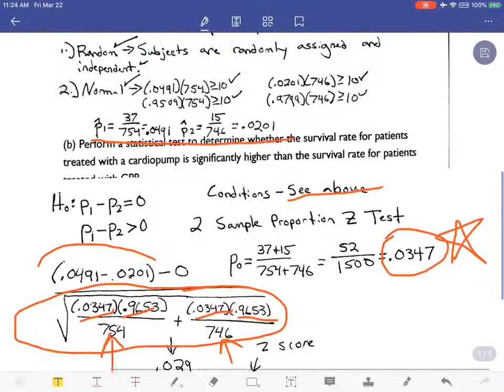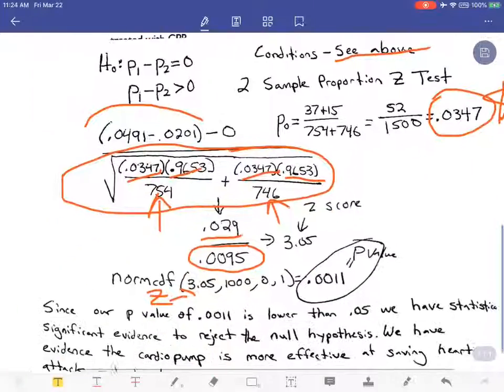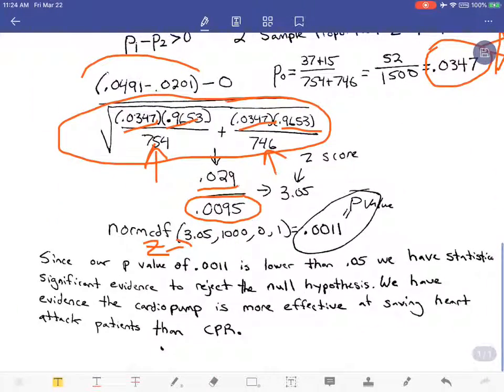Going into our interpretation, it didn't give us a significance level, so we just assume it's 0.05. Our interpretation is, since our p-value of 0.0011 is lower than 0.05, we have statistically significant evidence to reject the null hypothesis. We have evidence the cardiopump is more effective at saving heart attack patients than CPR.